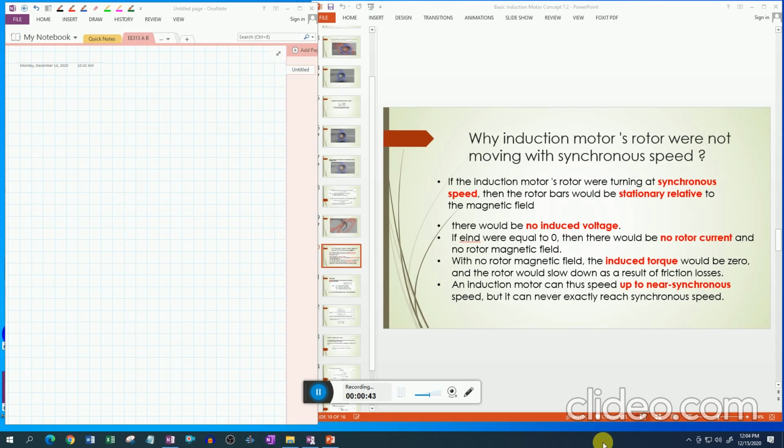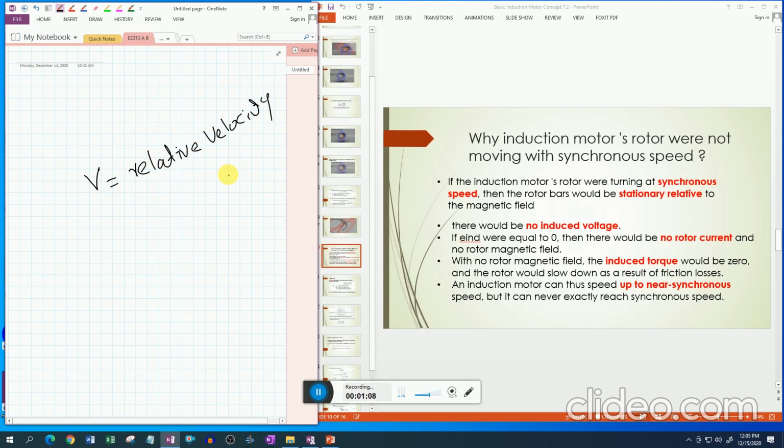the induction motor rotor were turning at synchronous speed, then V is the relative velocity between the rotor bar and the synchronous magnetic field speed.